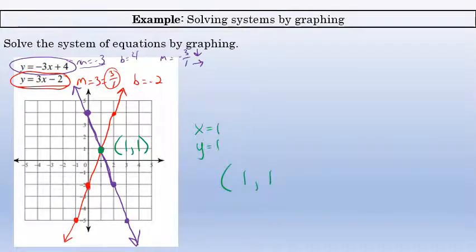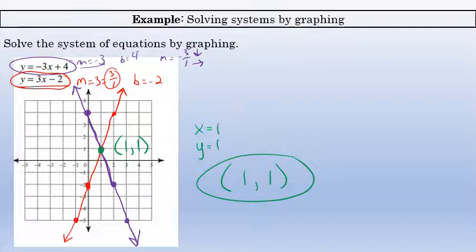Again, the best way to write the solution to a system of equations is as an ordered pair, 1, 1. This solution could be verified by solving the system by the elimination method or solving the system by the substitution method. Regardless of the method used, you would find the solution to be 1, 1.